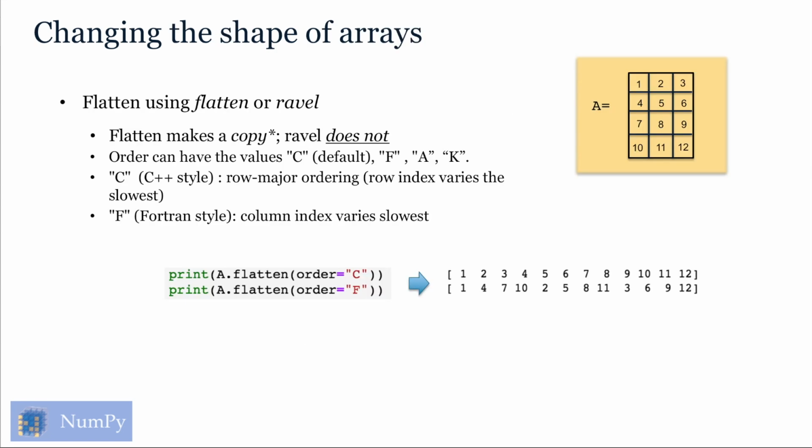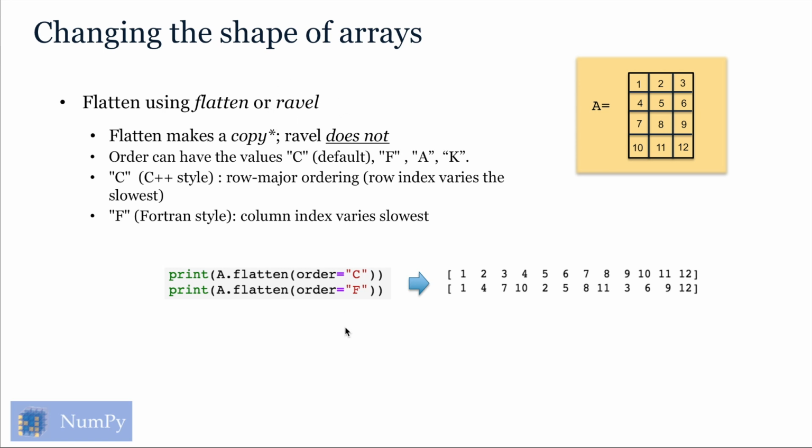So now let's look at options for changing the shape of arrays. The first thing that you might want to do is to stretch out some matrix, for example this matrix A, into one long vector. There are 2 different functions for doing this. One is called flatten and the other is ravel.